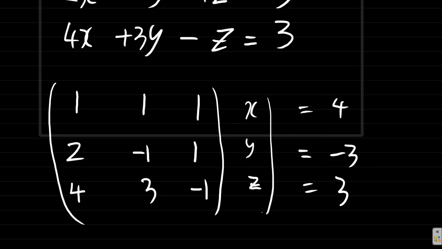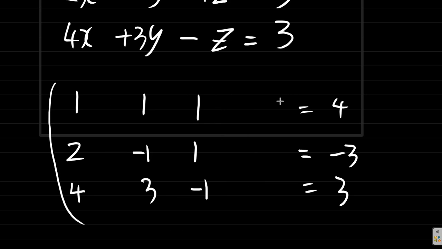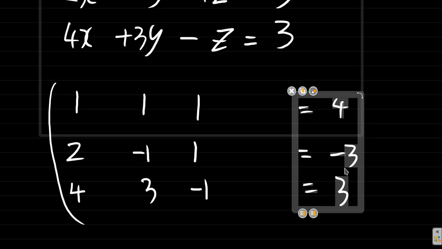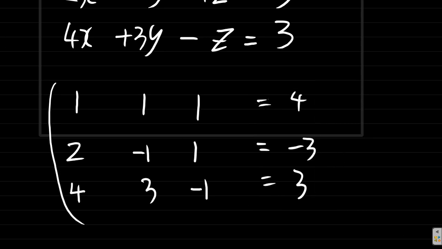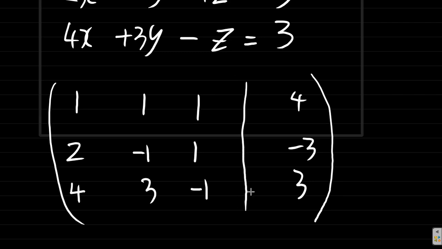But when you write it in the matrix form we're going to look at, you don't want the x and y's and the equal signs to be there. You want to make it look very simple. So what you do, you have everything in a bracket. When it comes to the equal sign, you remove those and just put a vertical line. Alright? So what you have is the augmented matrix.